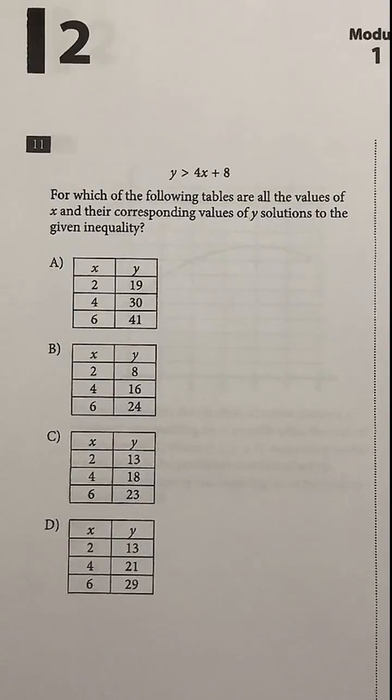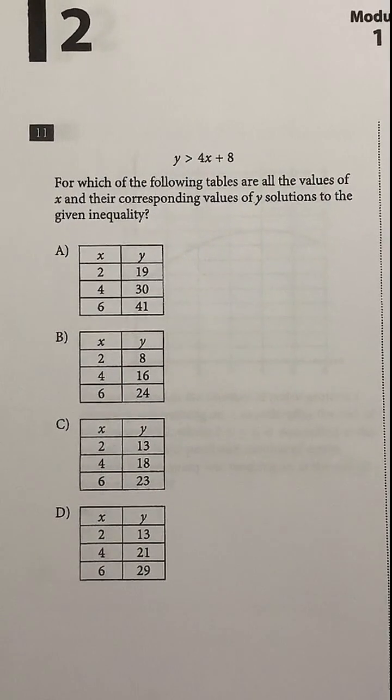All right, so let's take a look. y is greater than 4x plus 8. Which of the following tables shows all the values of x and their corresponding values of y that are solutions to the given inequality?